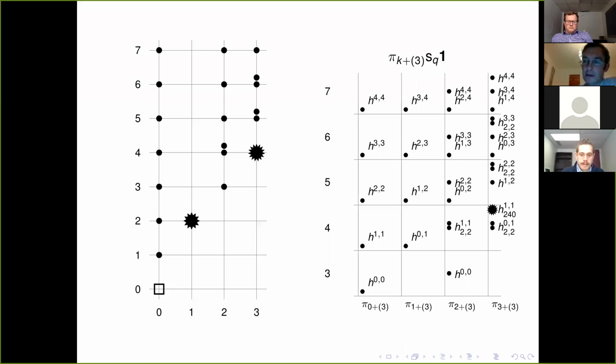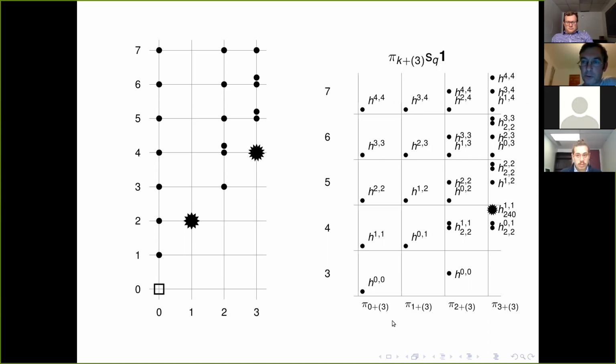Yeah, the corresponding groups will be 0. This is still unclear for integral coefficients. I'll mention this soon. Okay, so this is how this picture of slices translates to a picture of actual groups when you want to determine some actual groups.